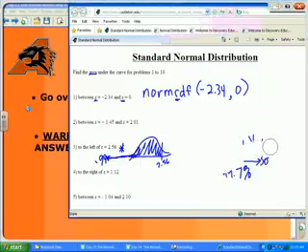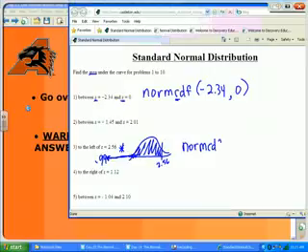So to calculate the area below 2.56, I'm doing my norm CDF from negative 99 up to 2.56.